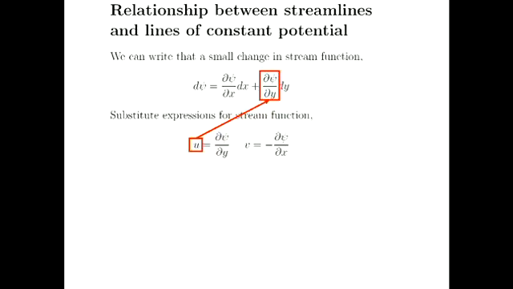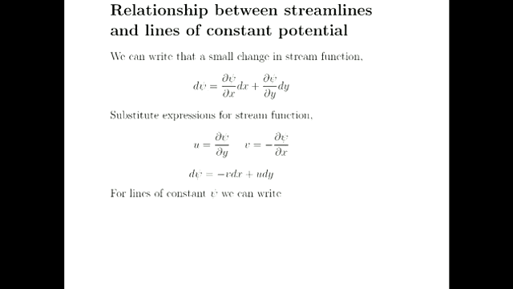So what I can do is substitute my definition for the stream function into this. So u equals d psi dy. I know that v equals minus d psi dx, so d psi dx equals minus v. And then I'm going to equate d psi to 0 because I'm looking for a line of constant stream function or a streamline.